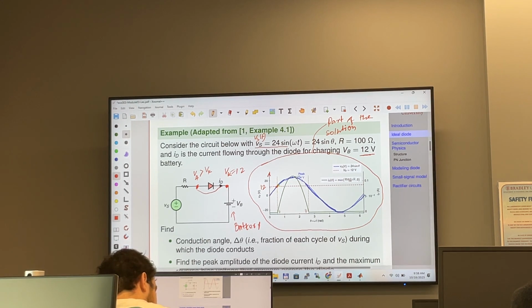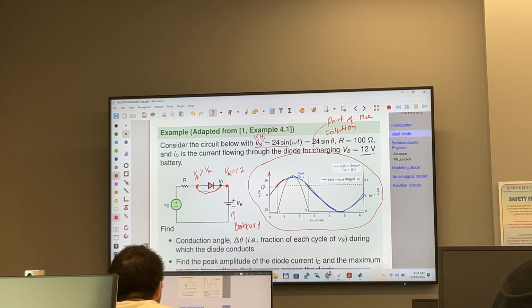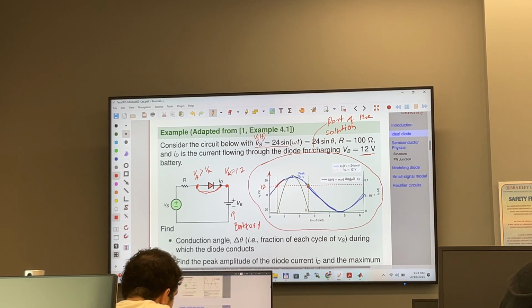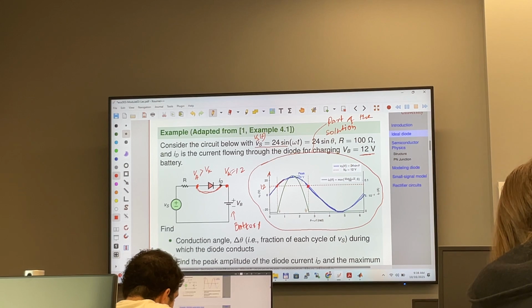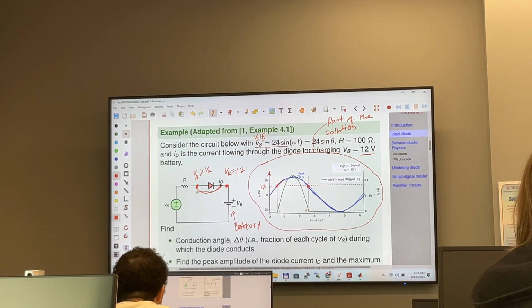Now you see that input voltage is more than 12 volt, which means the diode is on. It stays on until input voltage is less than 12 volt. So from this point to this point, the diode is going to conduct. You can think of this as a piece of wire.